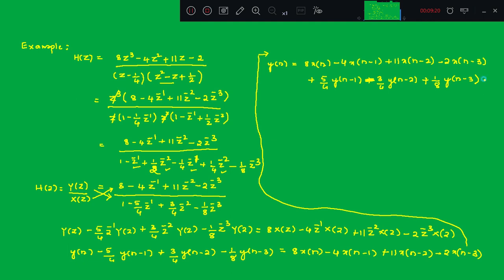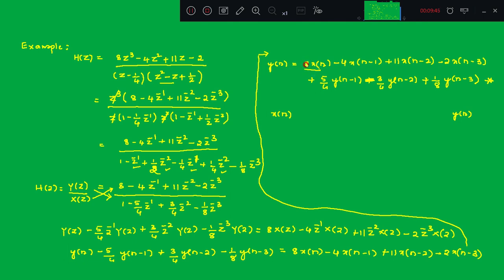So now using this we'll realize the direct form 1, we'll implement the direct form 1. So here I will take x of n, and here I will take y of n, right? So let me write these terms.